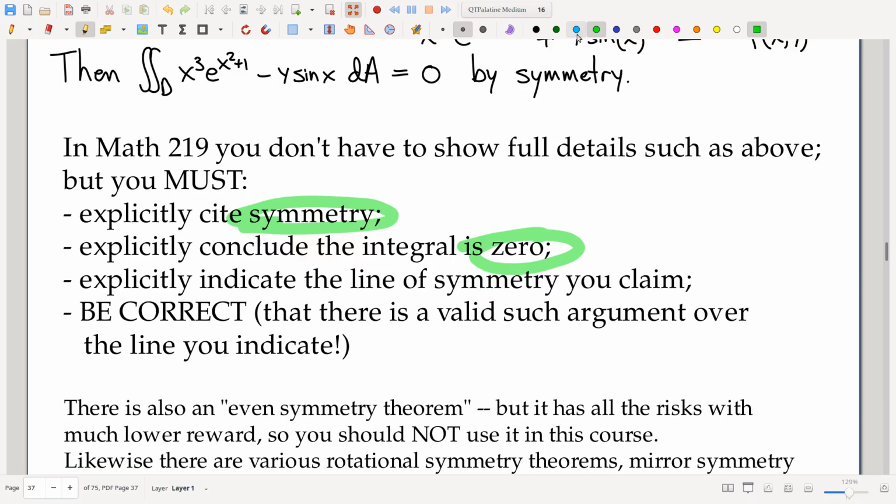You've got to tell me what the line of symmetry is. And in particular, what I mean by that is you have to tell me by what line of symmetry you are claiming that there is a valid symmetry argument. In other words, you have to tell me the line of symmetry, that the integrand is odd and the domain is symmetric, and therefore you draw this conclusion.